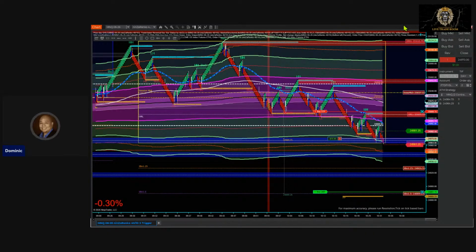Target filled. There we go. So we can go further down here. Break just below the day right there.